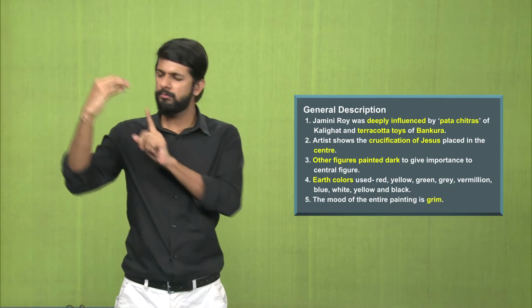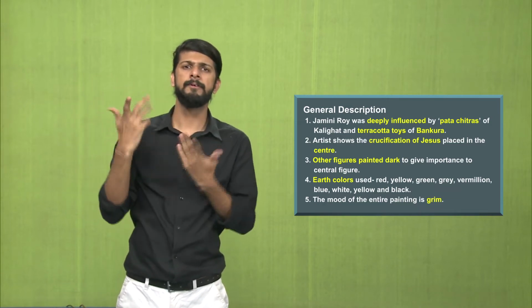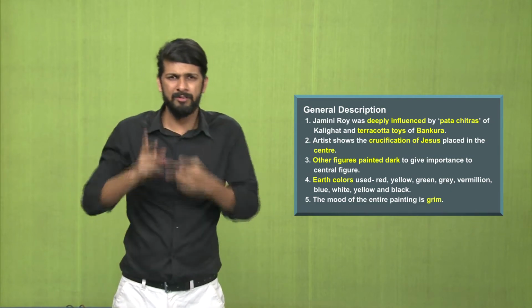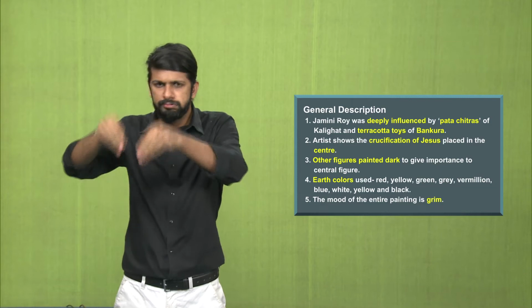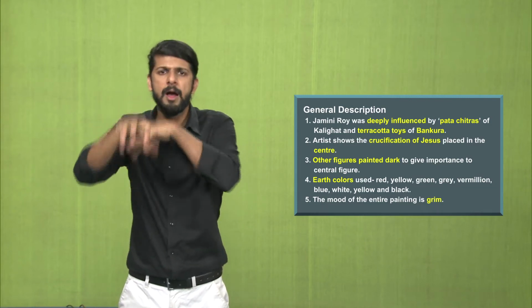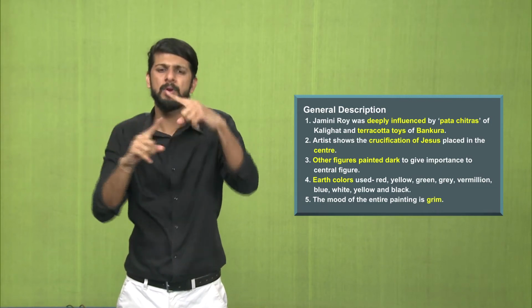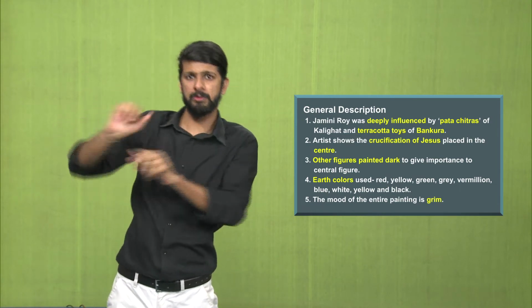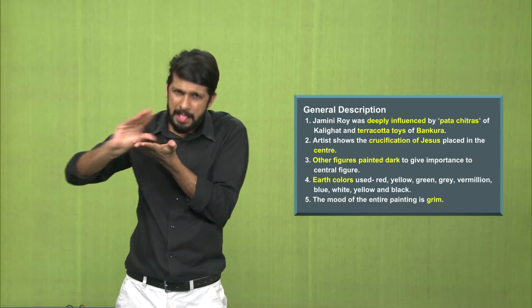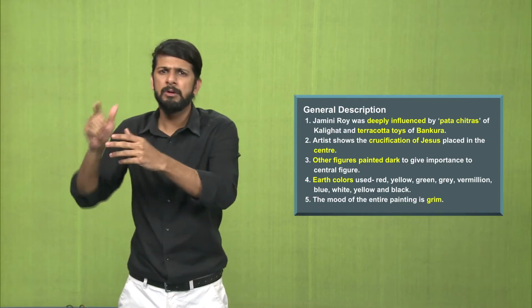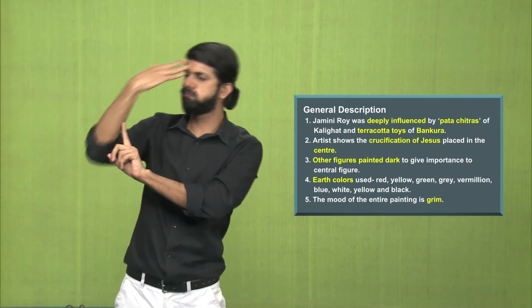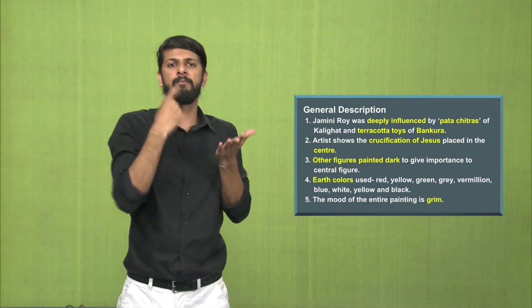The artist Jamini Roy was deeply influenced by two art forms. First was the Patachitras and the terracotta toys. Both these places in Bengal had a lot of art which deeply influenced Jamini Roy.